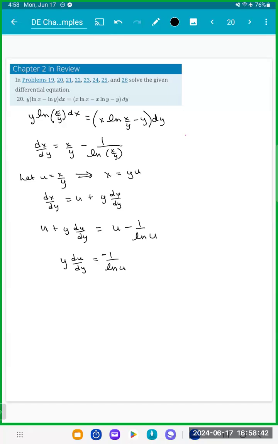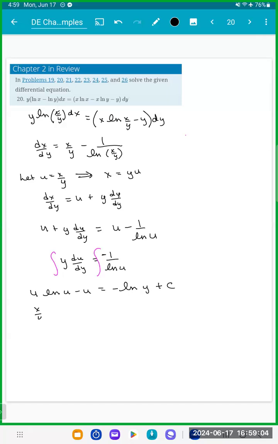And then we can integrate both sides, right? If we integrate both sides, we'll get u ln of u minus u is equal to negative ln of y plus c. Substitute back in the x over y for our u's.